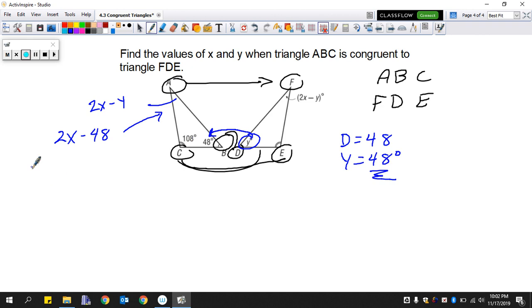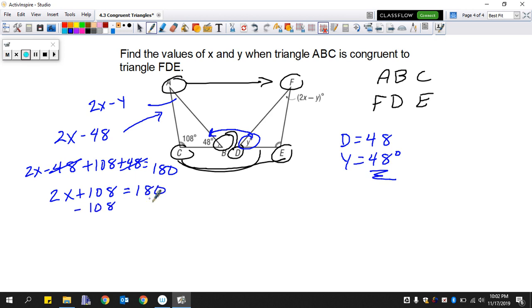So we have 2x minus 48 plus 108 plus 48 is equal to 180. Negative 48 plus 48 cancels out. We're left with 2x plus 108 equals 180, minus 108.